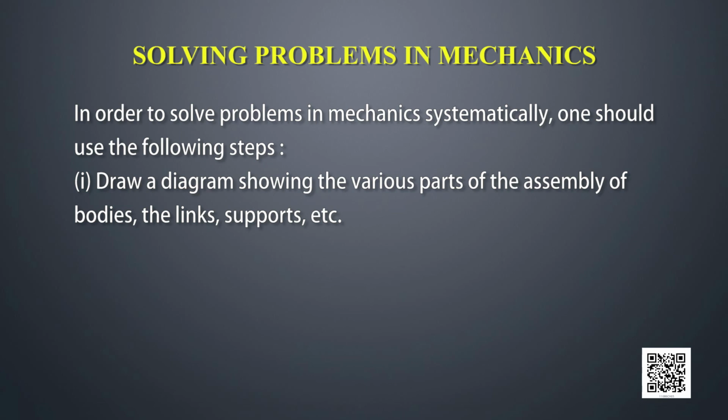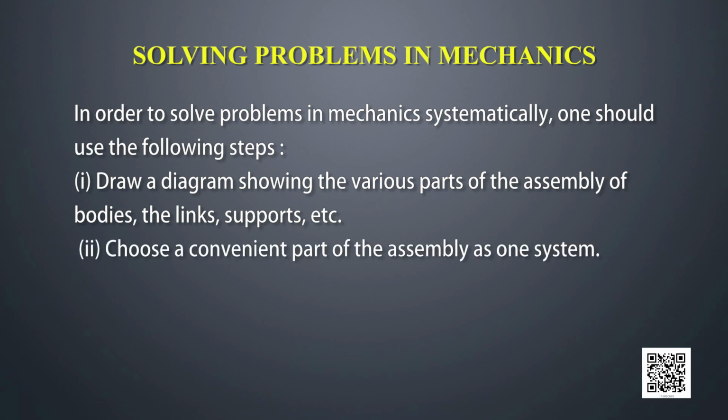By links we mean they may be interconnected by strings, they may be interconnected by springs, they may be on the supports, etc. Choose any convenient part of the assembly as one system. That is, we want to find acceleration of a particular object, say a block in the system. Concentrate on that particular block.